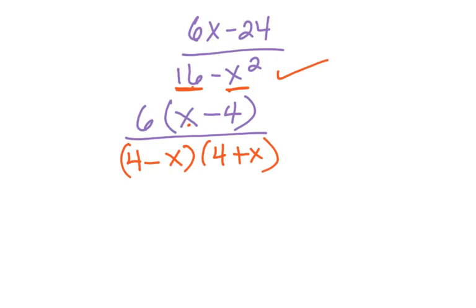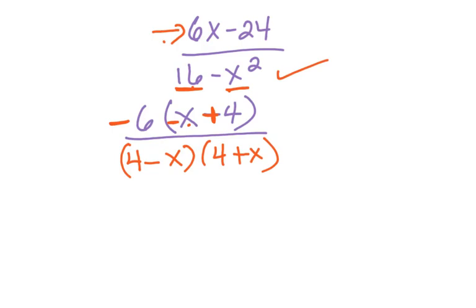What if I take out a negative 6? Watch what happens. Then the x turns negative, because negative times negative is positive. It has to turn out to be positive 6x. Then the 4 is going to turn positive, because negative 6 times positive 4 is negative.